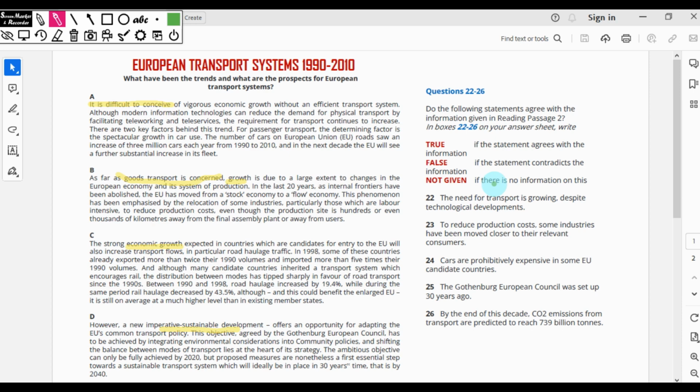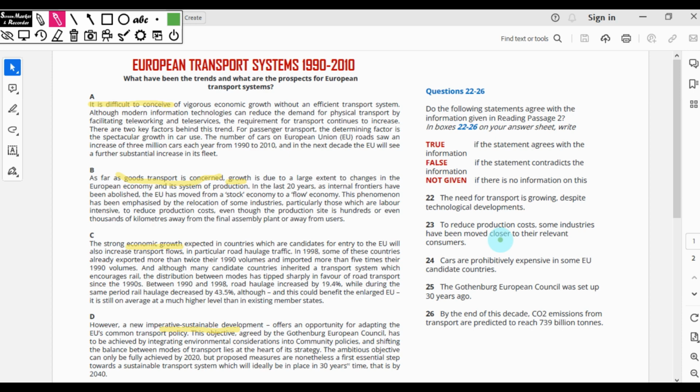If the statement truly supports the information, for example, in question number 22, the need for transport is growing despite technological development. Exactly, if this is given in the passage, then it is true.